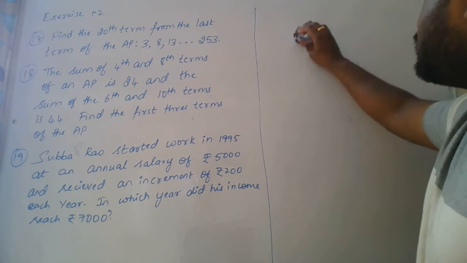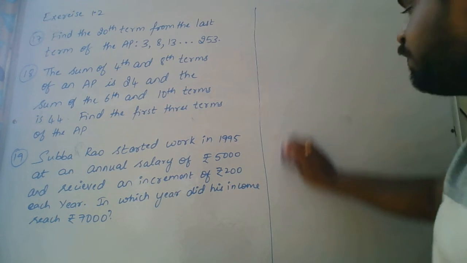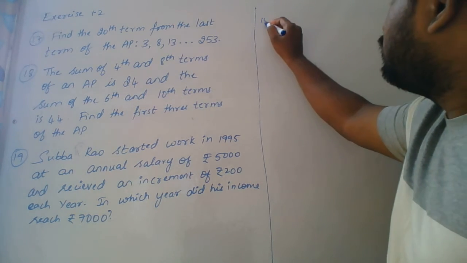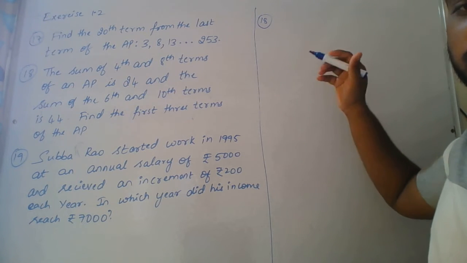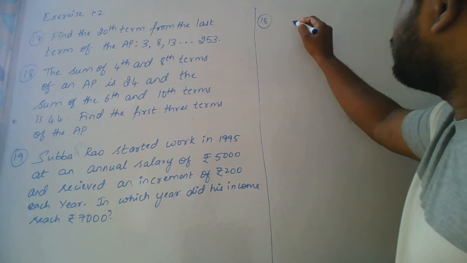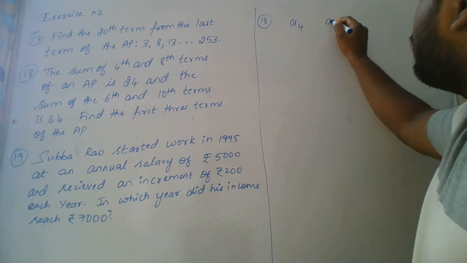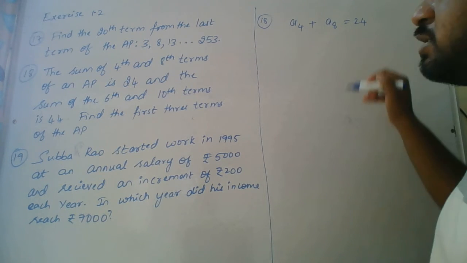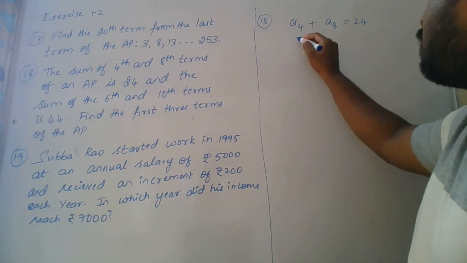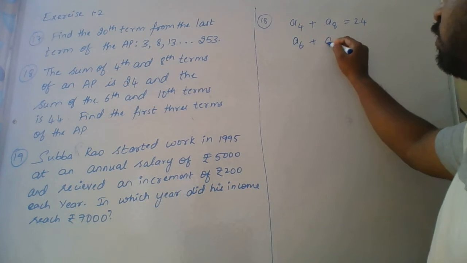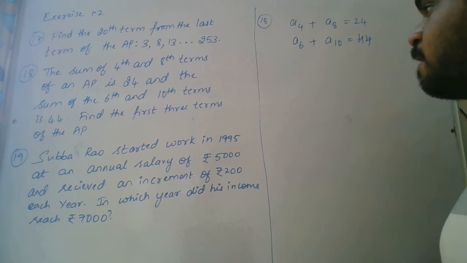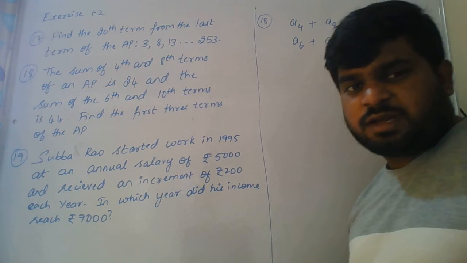Let's do it. The 4th term is A4 and the 8th term is A8. When I add these two, we get 24. Similarly, the sum of the 6th and 10th term is 44. We have to find the first three terms of the AP.